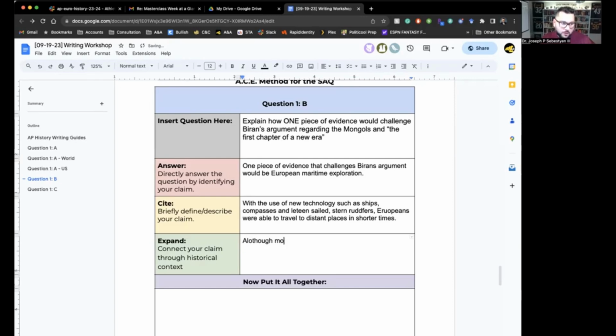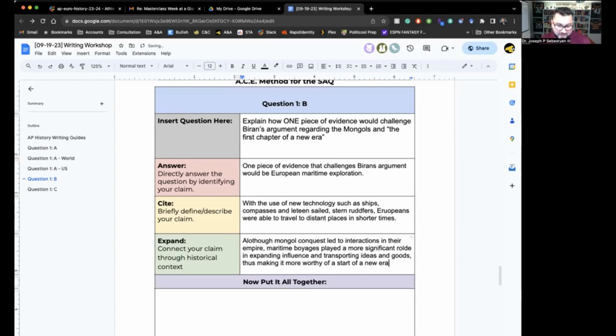Although Mongol conquest led to interactions in their empire, maritime voyages played a more significant role in expanding influence and transporting ideas and goods, thus making it more worthy of a start of a new era.